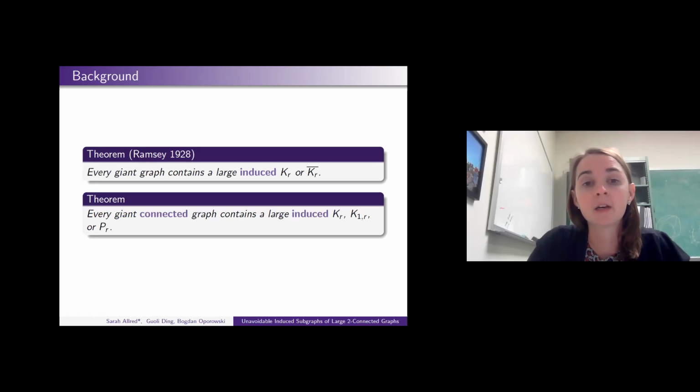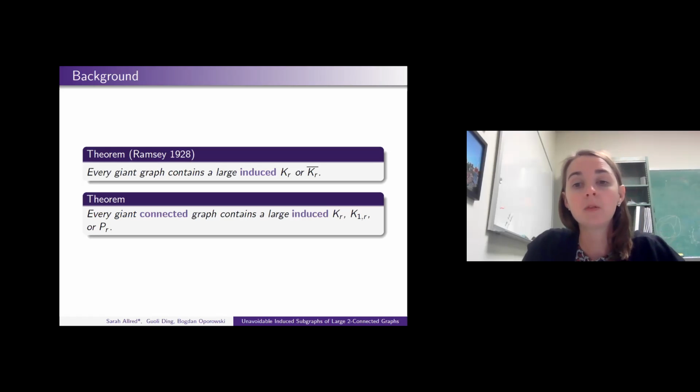Now this giant connected graph would also contain the complete graph and complement of a complete graph, but for these types of theorems, we want our list of large graphs to match the connectivity that we have in our assumption. So we're assuming the graph is connected, so we want our large graphs to also be connected.